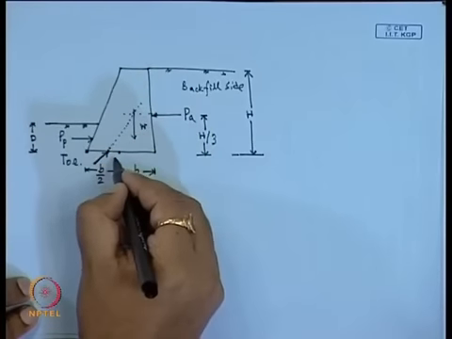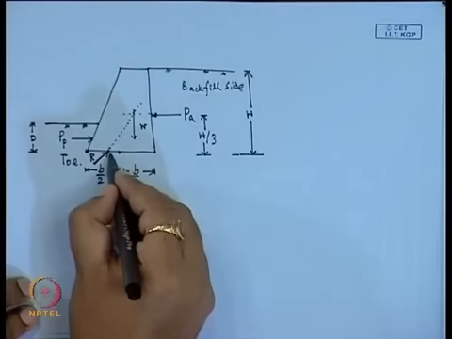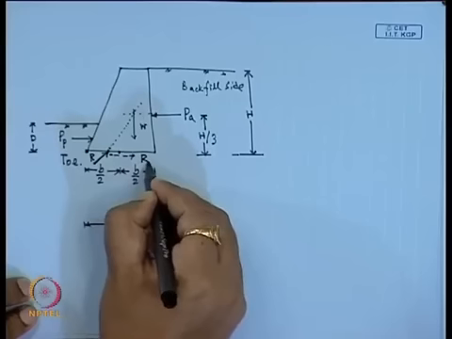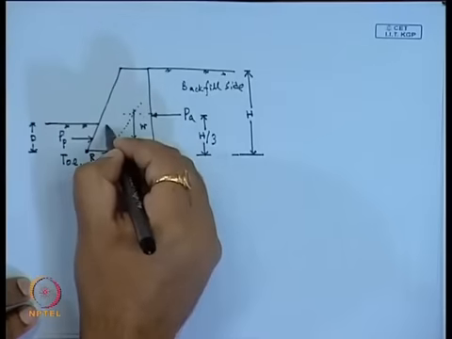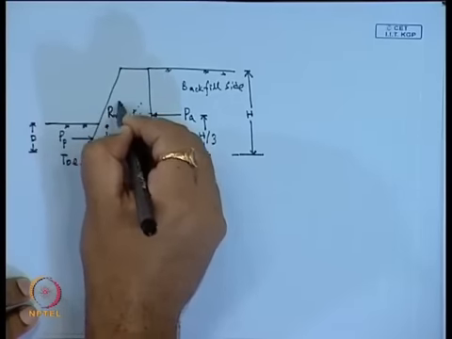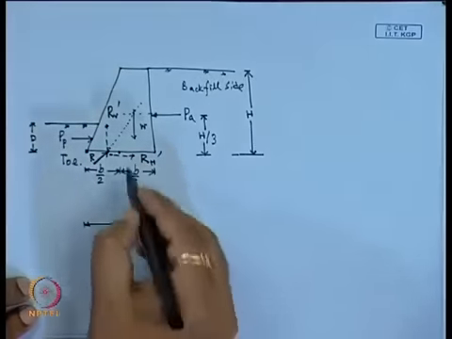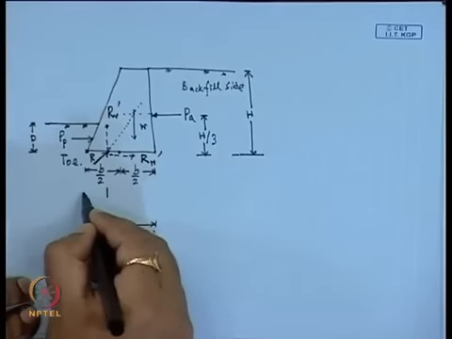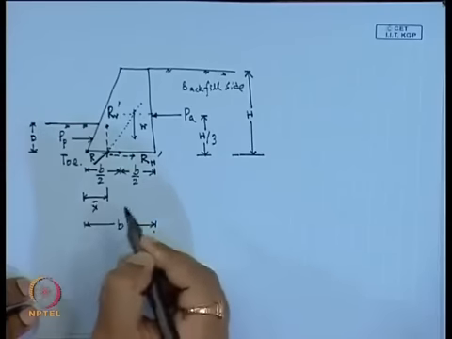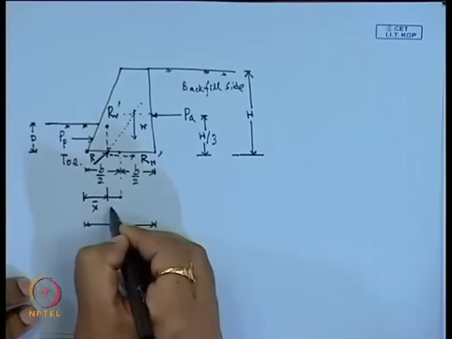Suppose this reaction is R, and if we take its two components, this is R H dash and this one is R V dash. Now the distance of this reaction force from the toe is say x bar, and from the center, say E.